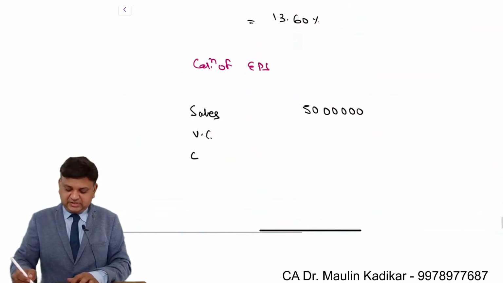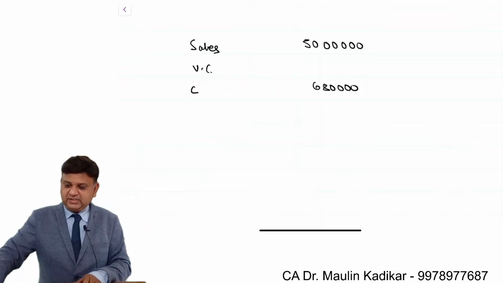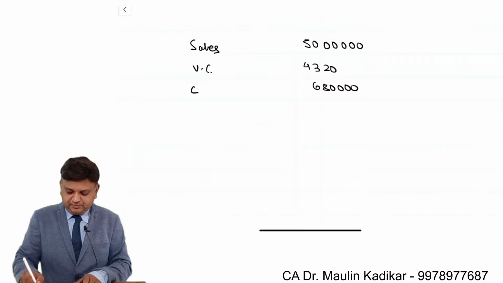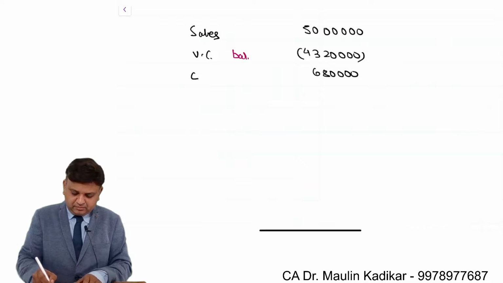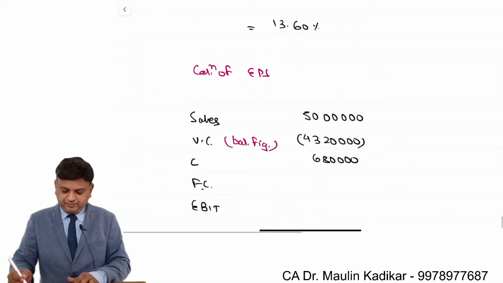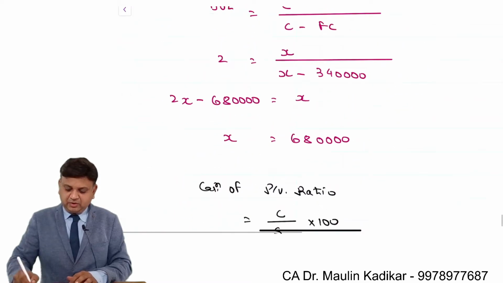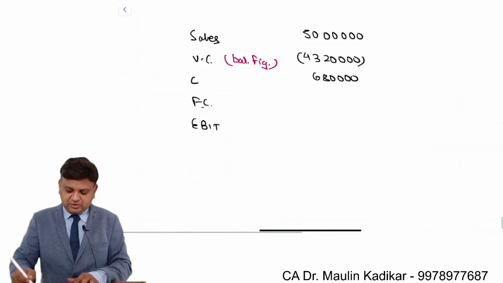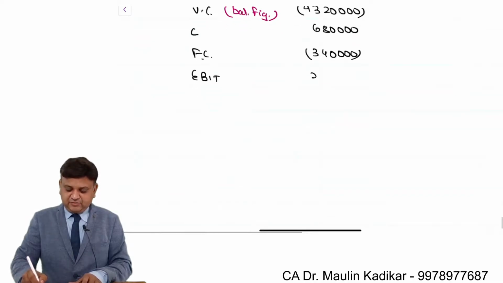Amount of contribution is 6,80,000. So 50 lakhs minus 6,80,000, so 43 lakh 20,000, that is found as balancing figure. Less fixed cost, that will give us EBIT. Sorry, the amount of the fixed cost is given to us as 3,40,000. So EBIT is 3,40,000 once again.